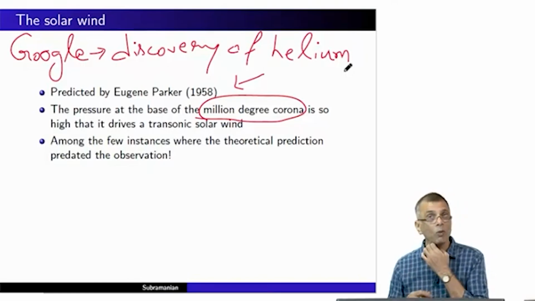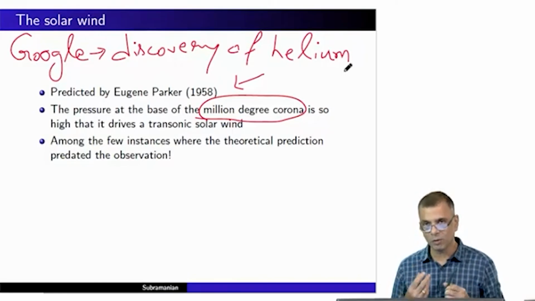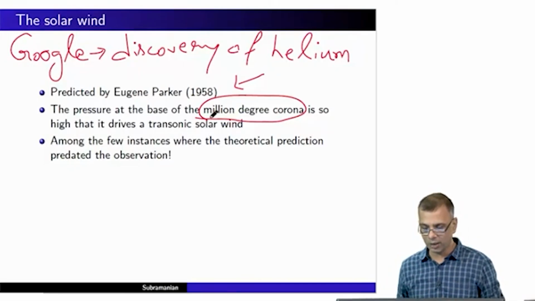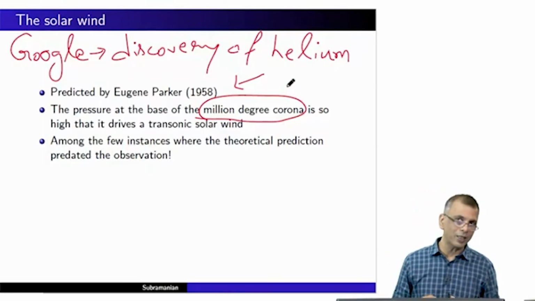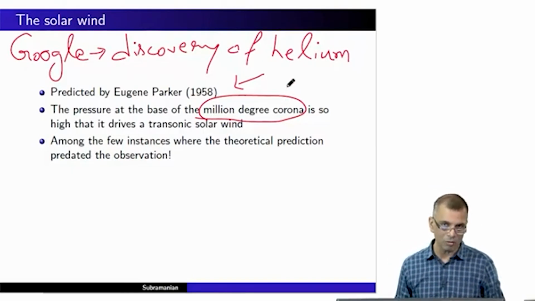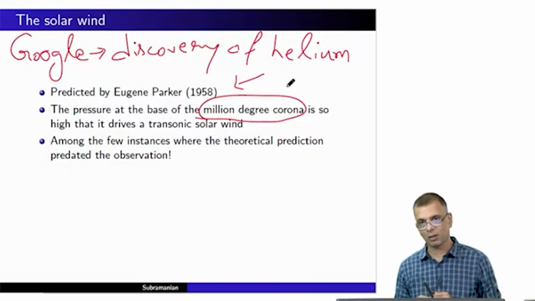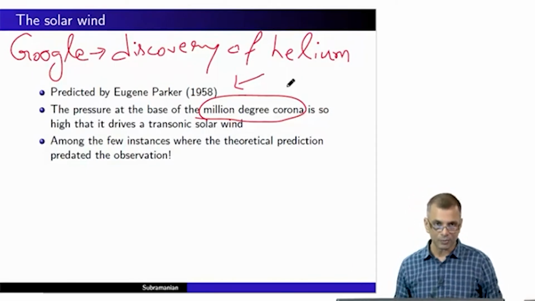Now, why am I saying this? This is because the discovery of helium was one of the most important pieces in confirming that the solar corona is actually 1,000,000 degrees hot. Well, it was suspected to be 1,000,000 degrees hot earlier also, but that particular line that they observed was thought to be coming from an entirely new element that they called coronium.